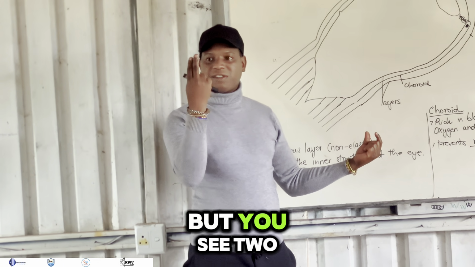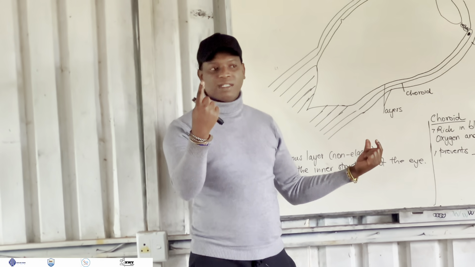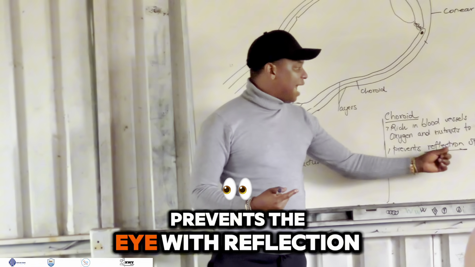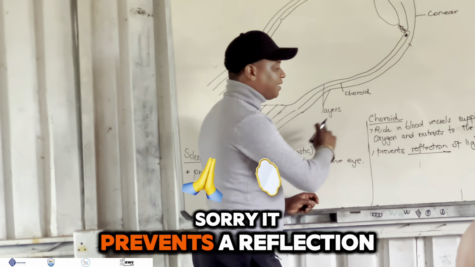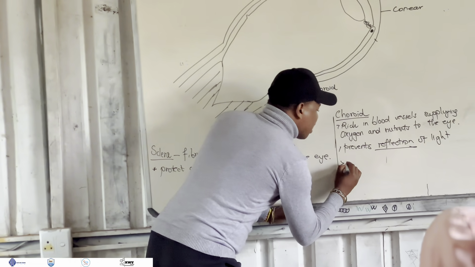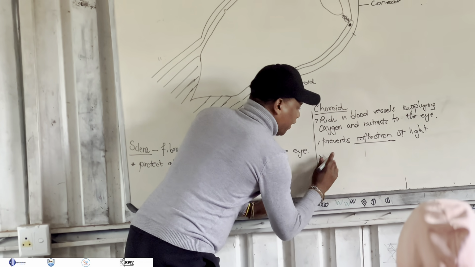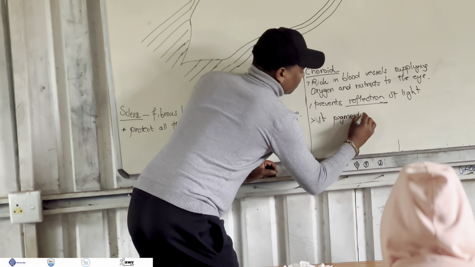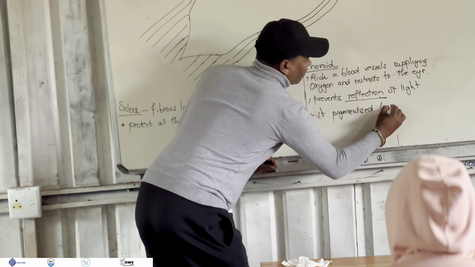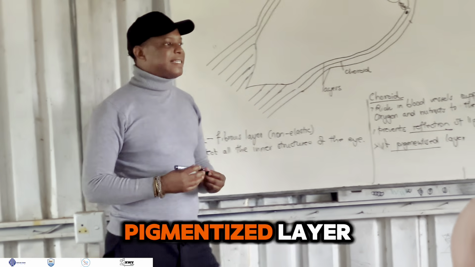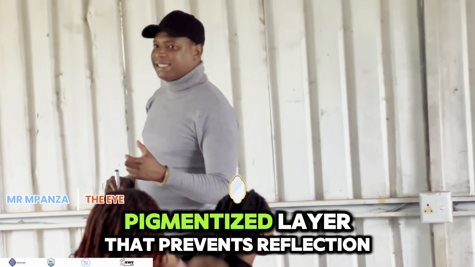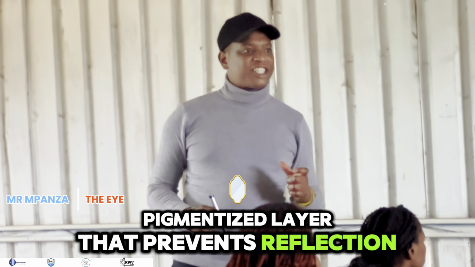You see one person, but you see two images of that person. It's a pigmented layer that prevents reflection.